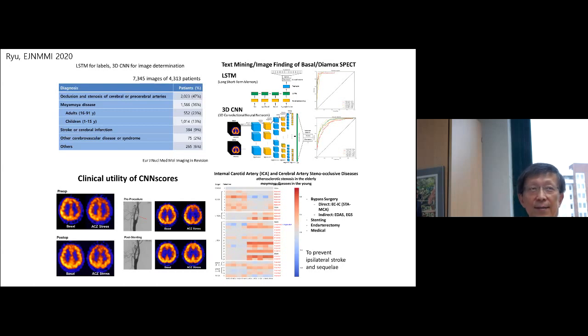Why? Because these days we have only one resident per country. The national insurance system has set their mind to ruin the excessive growth of nuclear medicine clinical practice. We have only 300 nuclear medicine physicians all over the country, 70 or 100 institutions according to how we define the nuclear medicine department.